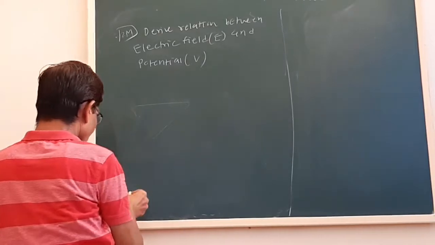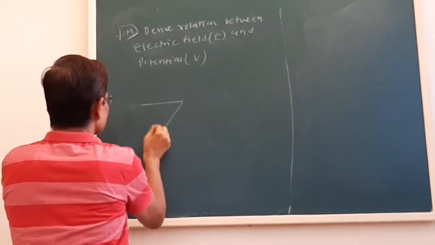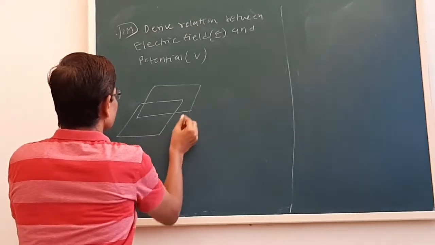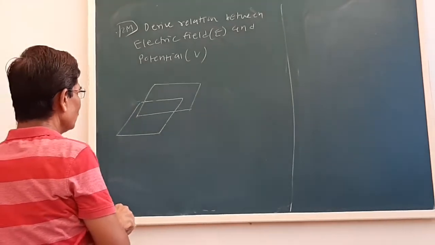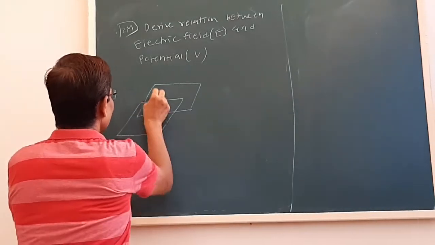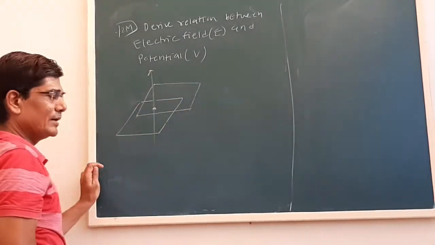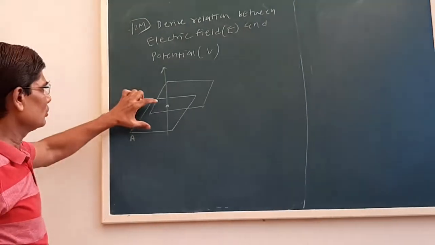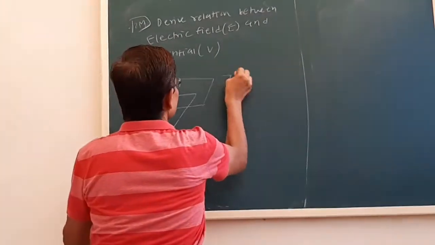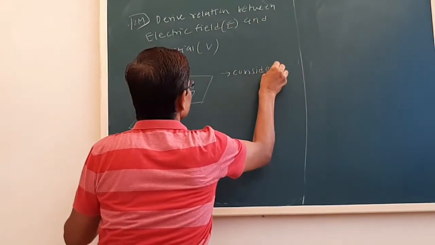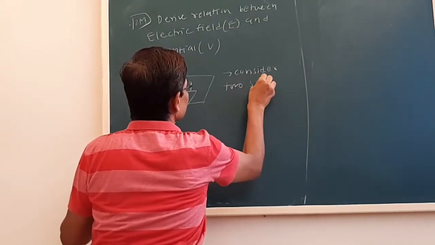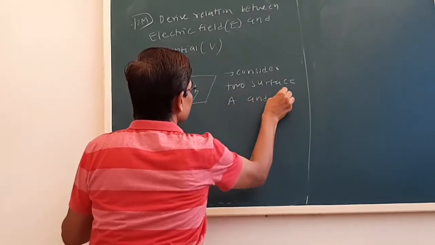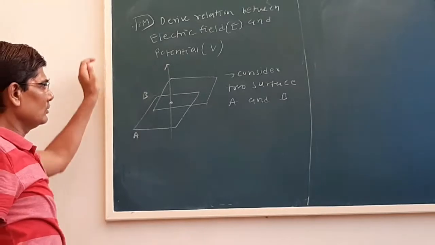Let us say we have two arbitrary surfaces, and we assume the electric field is in the upward direction. Consider two surfaces A and B.